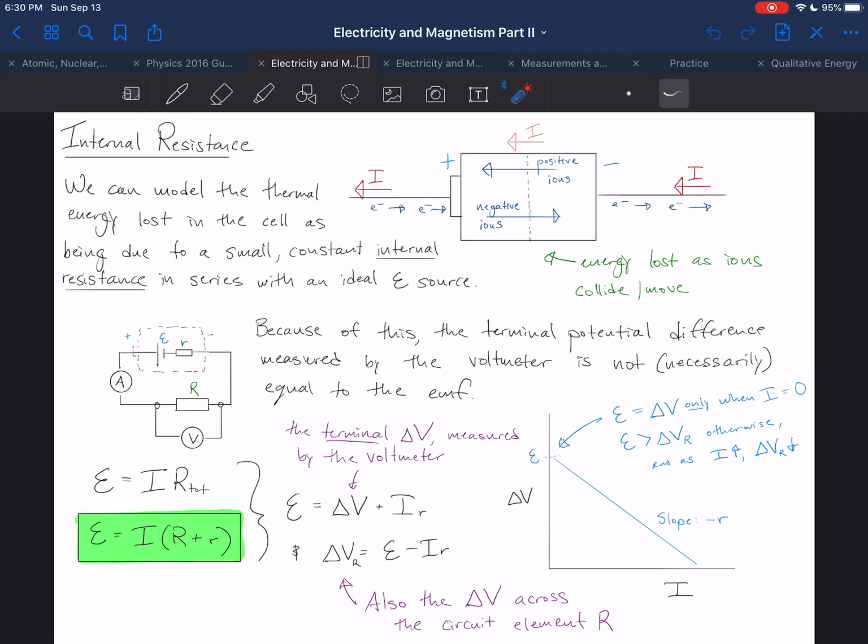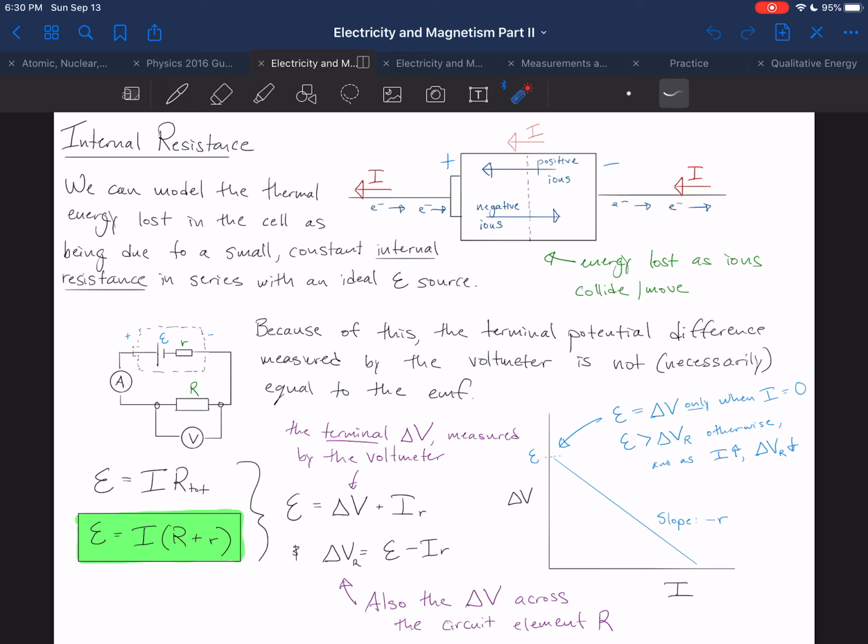Let's analyze it. We note that the EMF is equal to I times R total, but now R total is equal to our external resistor plus the internal resistance, which we assume to be non-negligible in this case.